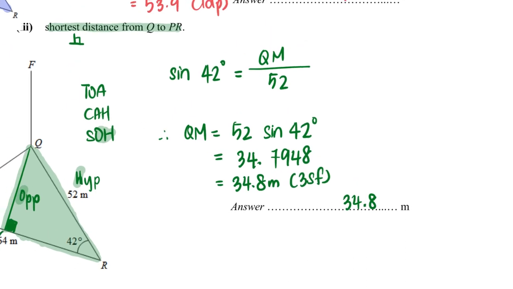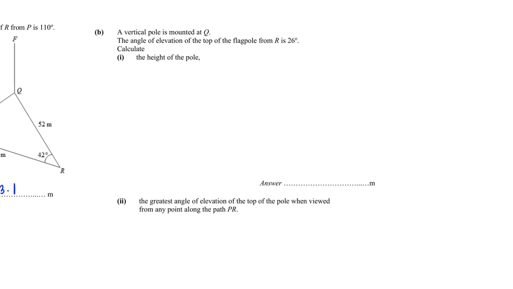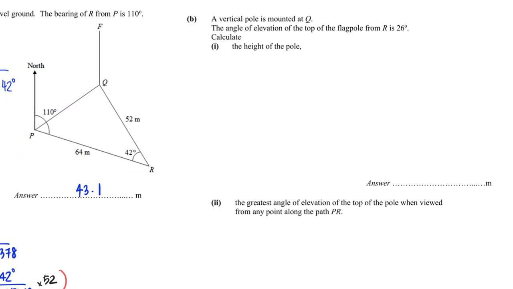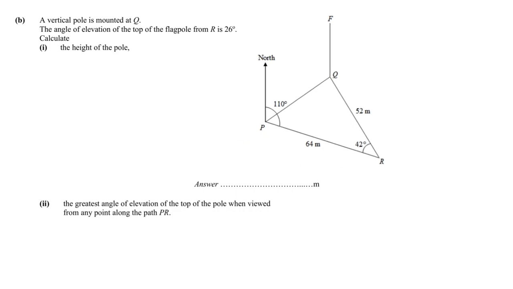Okay, moving on. We will have a vertical pole that is mounted at point Q. And this is the pole. So same like what I did previously, I'm going to just pull this out to the other side so that it's easier and neater.